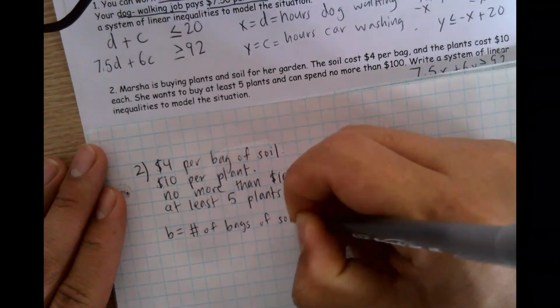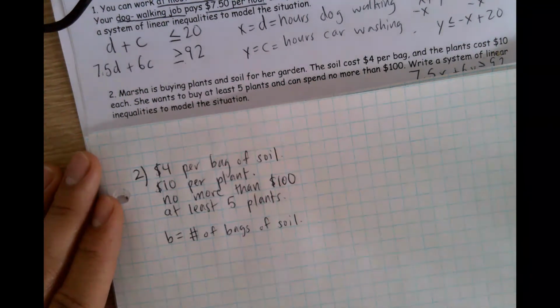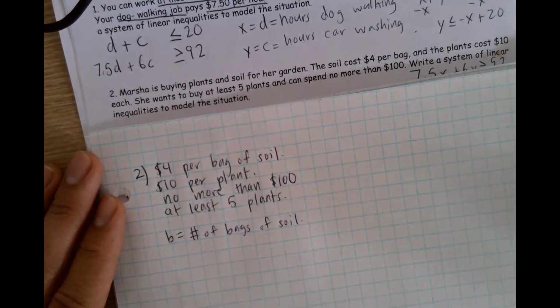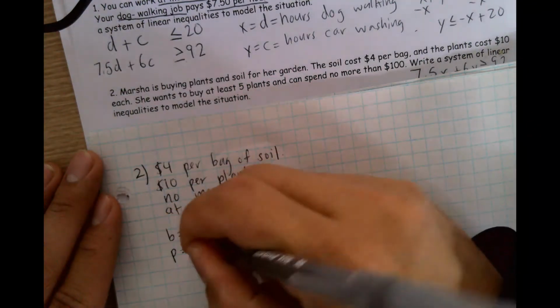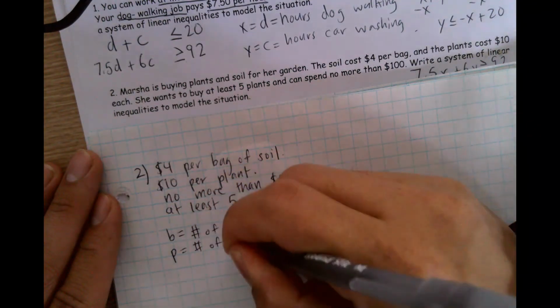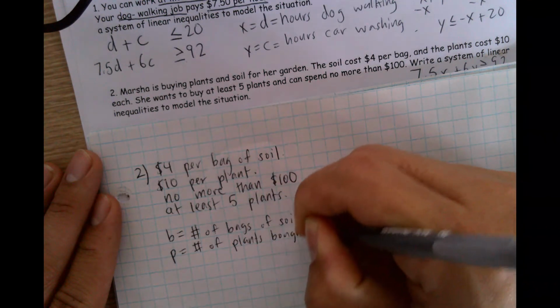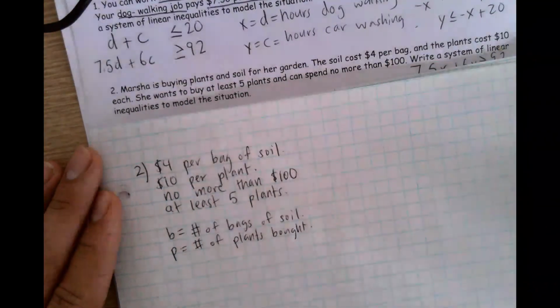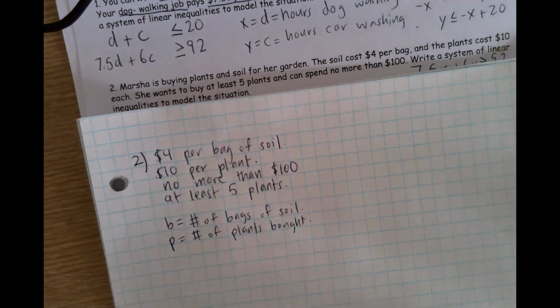Okay, and I need another variable to describe the amount of plants that I bought. Can someone help me out here? You do P. P equals number of plants. Okay, so this is great so far. So the next thing we want to do is describe how much money you spent on just soil.